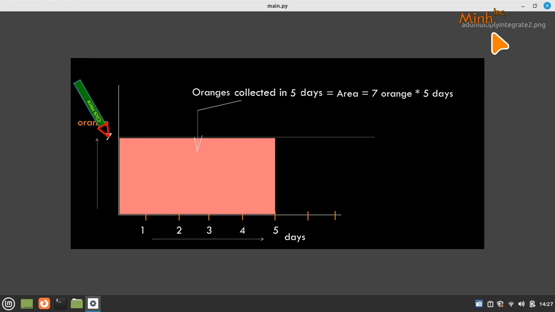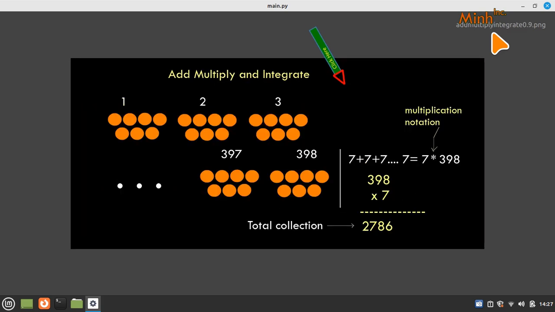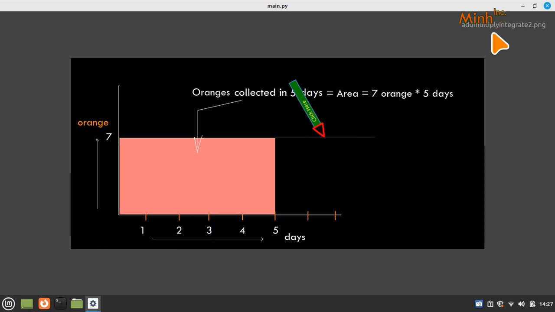So 7 is a kind of constant, and every day collection is constant, and for 5 days, so this will be a graph. So if I calculate the area of this graph, then it comes to 7 into 5, x into y. So that much is the collection. So area of the graph is nothing but multiplication, or this is how addition looks in graphical form.